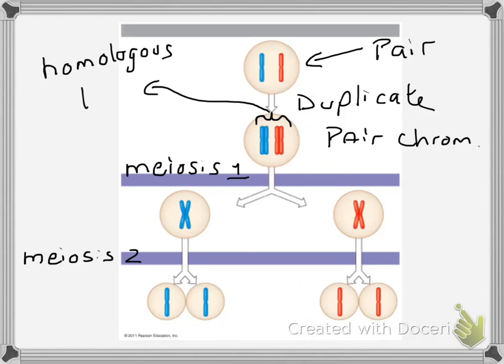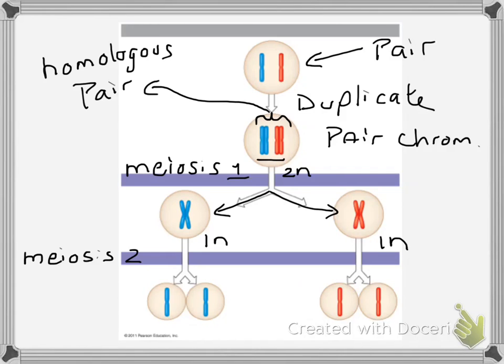Our homologous pair is going to be separated in meiosis 1. We'll notice our paternal chromosome ends up over here in this cell, and our maternal chromosome ends up over here. So we separate the homologous chromosomes. Now, this cell has 1 chromosome. This cell has 1 chromosome and is 1N. This cell that we started with is 2N.